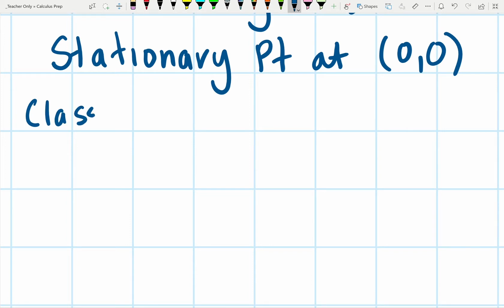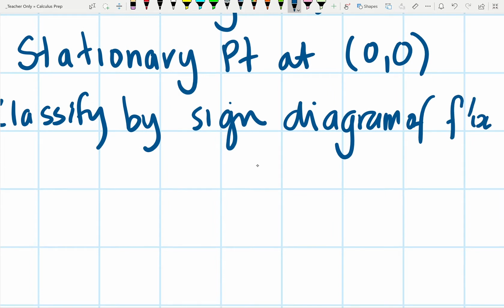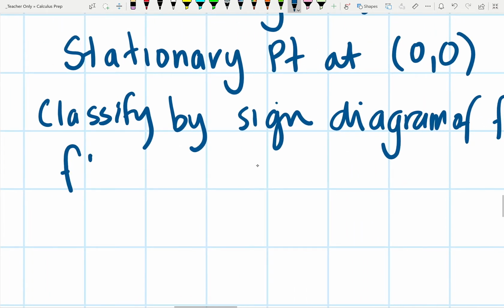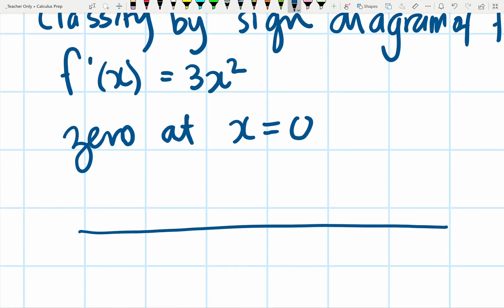So firstly, we'll classify by a sign diagram. And the sign diagram is of f dash of x. So f dash of x in this case is 3x squared. We know that there is a 0 at x equals 0. So our sign diagram is going to look like this. 3x squared is a positive quadratic, so it's going to be shaped like this, which means it's positive and positive.